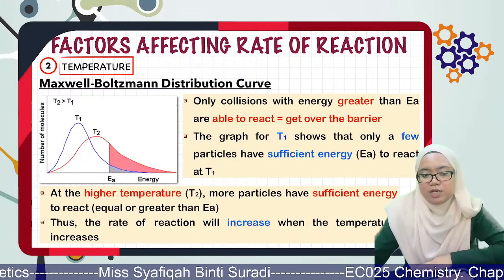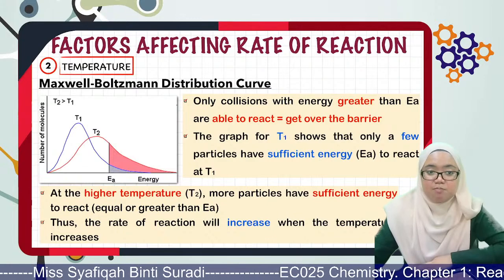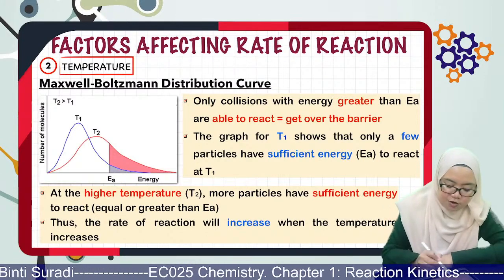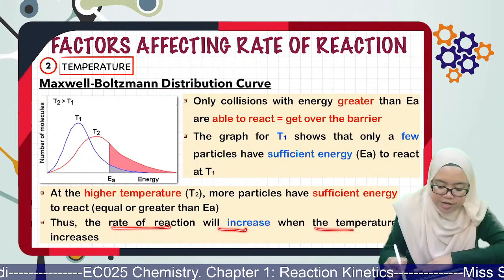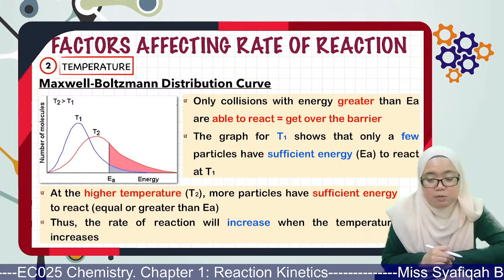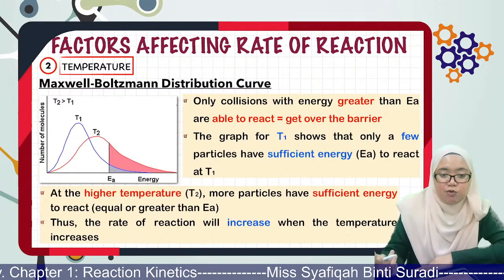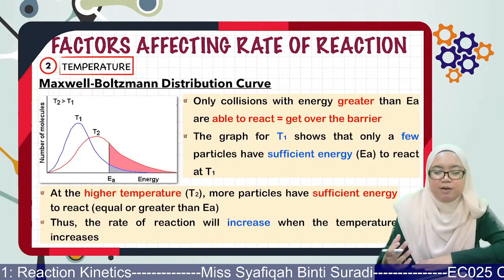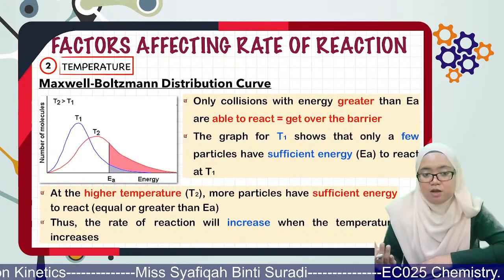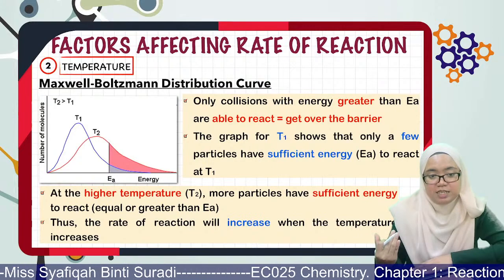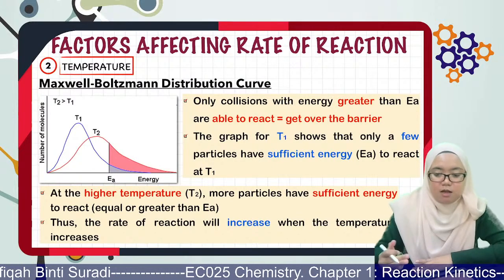Okay, so kita boleh conclude kan, okay, based on Maxwell Boltzmann distribution curve ni, kita boleh conclude nya the rate of reaction will increase when the temperature increases. Sebab bila temperature increase, dia akan ada high kinetic energy yang menyebabkan dia akan menyebabkan banyak molekul have kinetic energy more than activation energy EA. Alright.